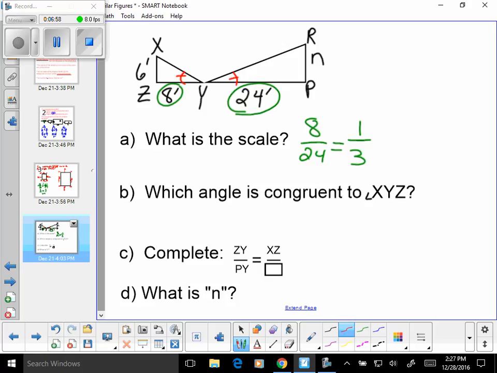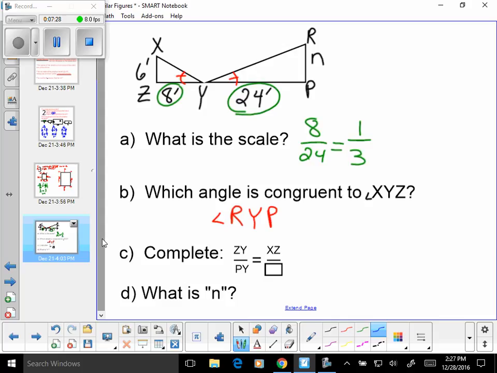X actually corresponds to R. Because if I flip this XYZ over to my right, the X is going to land in a similar position to R. Y is going to correspond to Y, because there's only one of it, and Z has to correspond with P.